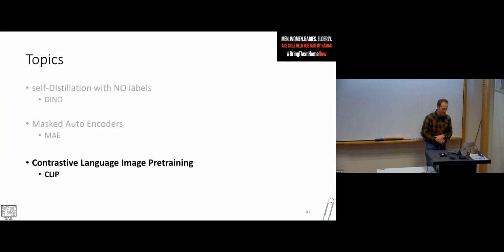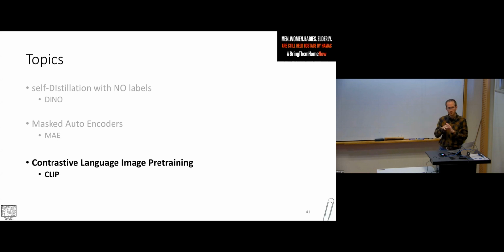Great. So our final direction is contrastive language image pretraining. So far, our pre-training focused on a single image and what information we can derive from it, either by augmentations or by masking. In contrastive learning, we are going to try and contrast different images or different signals. If you are a pair, if you match, then you should have similar representations.